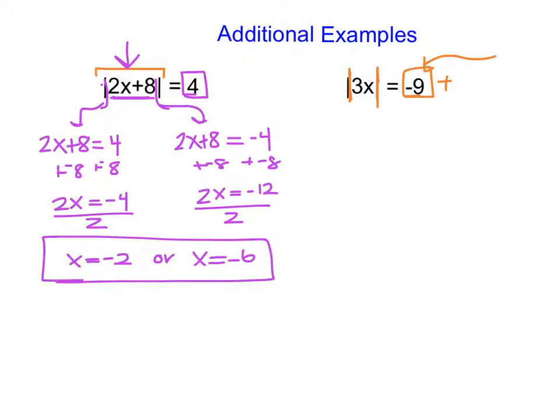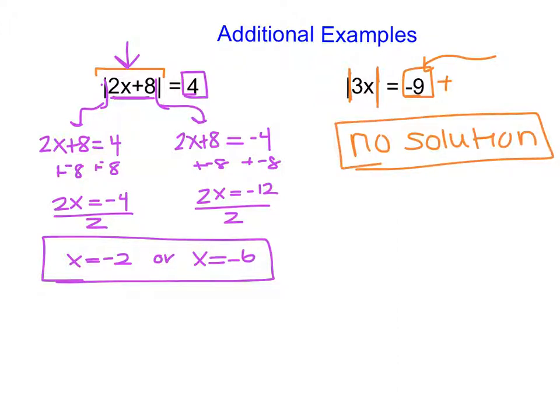There aren't any numbers with a distance from 0 of negative 9 because negative 9 doesn't make sense for a distance. So if you catch this type of error going on and the problem doesn't make sense because you can't have a negative distance, what you can simply write is that we have no solution because the absolute value function will only produce positive numbers over here, not negatives.